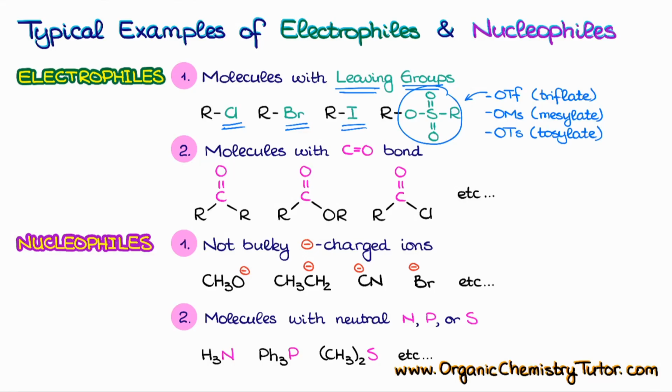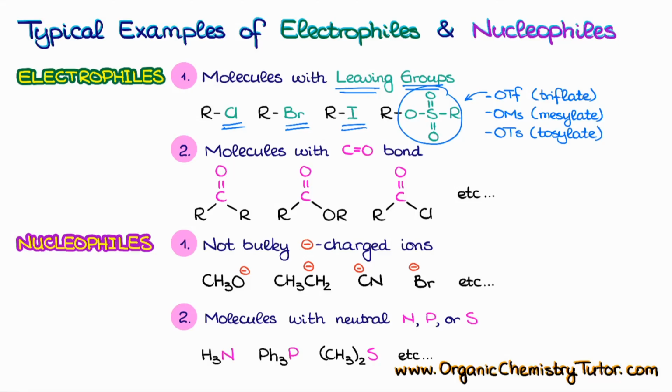It's a big and ugly thing, but we're typically going to use three of those, which are triflate, mesylate, and tosylate. I'm not going to show their structures right now. We'll look at those at some later point, but those are also extremely typical and very good leaving groups. So whenever you have OTf, OMs, or OTs sitting on your molecule, you know that this is an amazing leaving group.